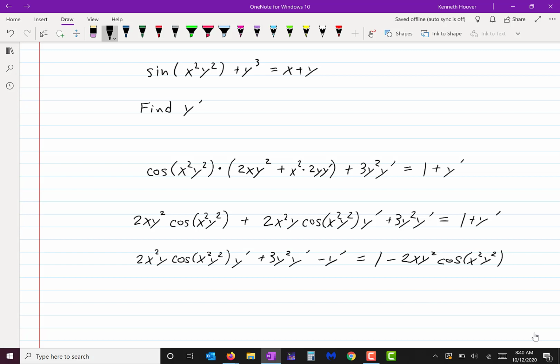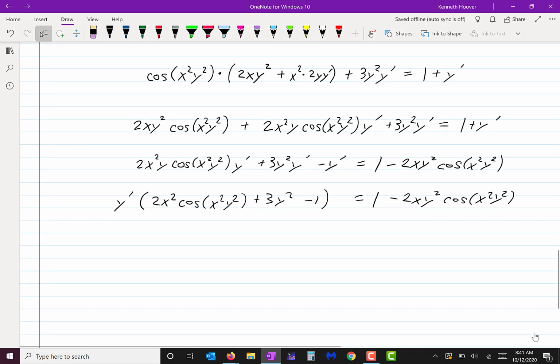And now on the left, there's 3 terms. They all have a y prime, so I'll factor that out. And then we divide by the stuff in parentheses on the left, and that'll give us our answer.